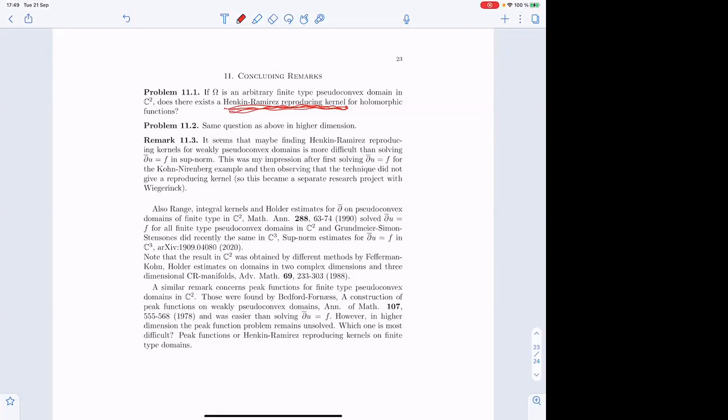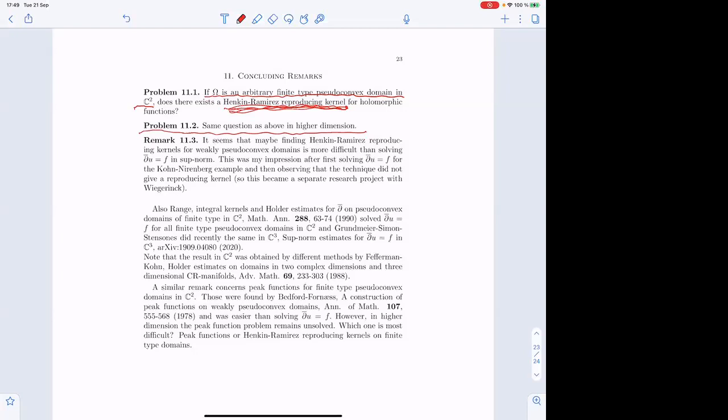But it would be reasonable to ask: if you have an arbitrary finite type pseudoconvex domain in C2, does there exist a Henkin-Ramirez reproducing kernel? Maybe someone knows already the answer, but I don't know the answer. So can you have that for arbitrary finite type pseudoconvex domains in C2? It would be nice to know that. But you also have, of course, the question in higher dimension. Very little is known in higher dimension.